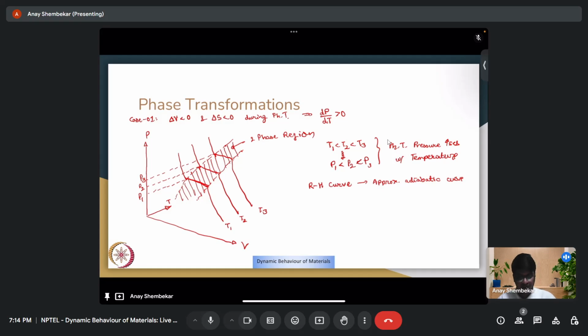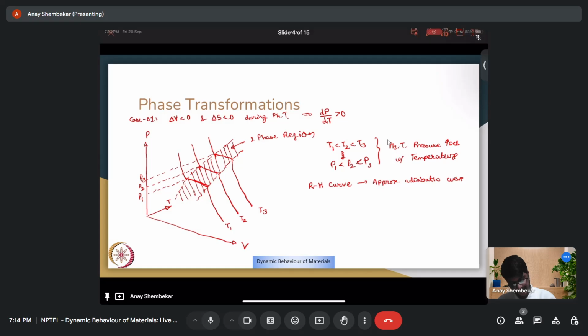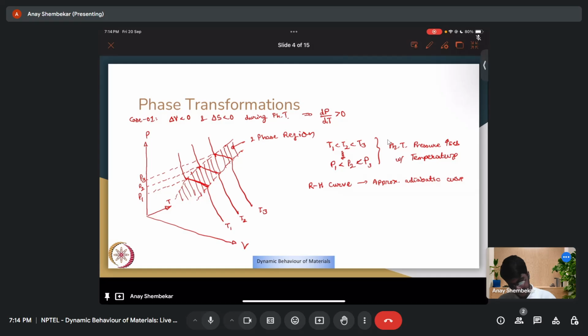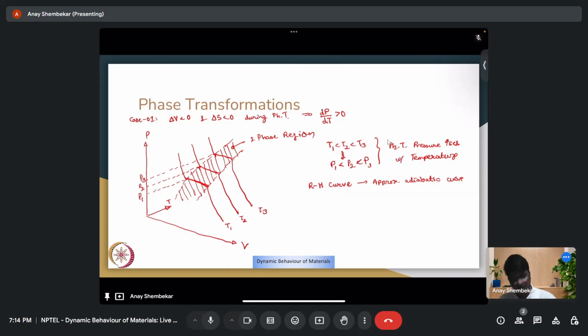And how do we plot that adiabatic curve? Suppose it starts at a temperature T and it reaches a point, phase transformation, and then it again goes to another point.